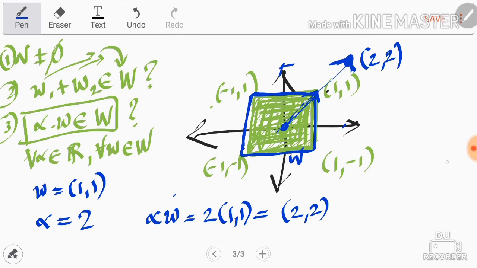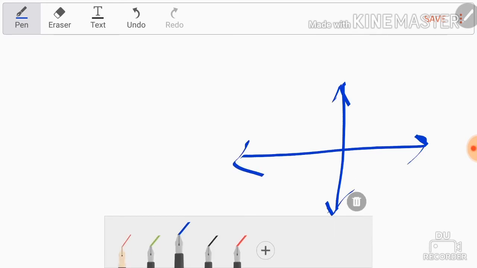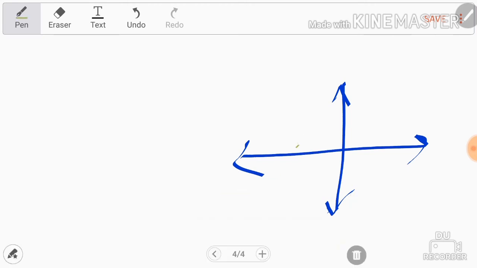Even for that matter, if we had taken, instead of a box, say we were dealing with lines, let's take a curved line, a parabola that passes through the origin. Let's take y is equal to x square.